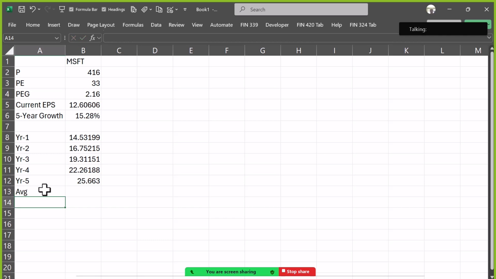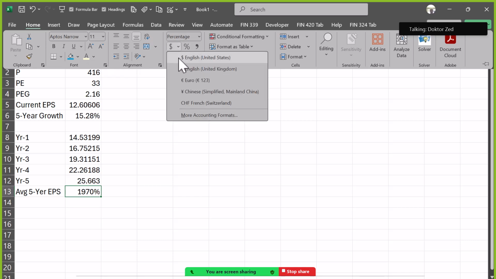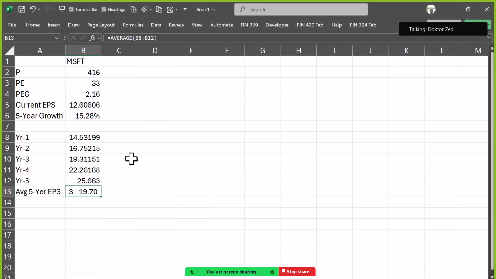Calculate the average. So taking those average EPS, taking those growth rates implied by the PEG ratio seriously, the market is expecting that over the next 5 years, Microsoft is going to earn a little bit less than $20 per share.